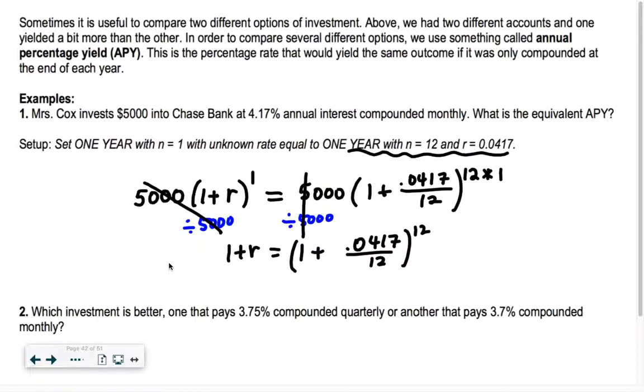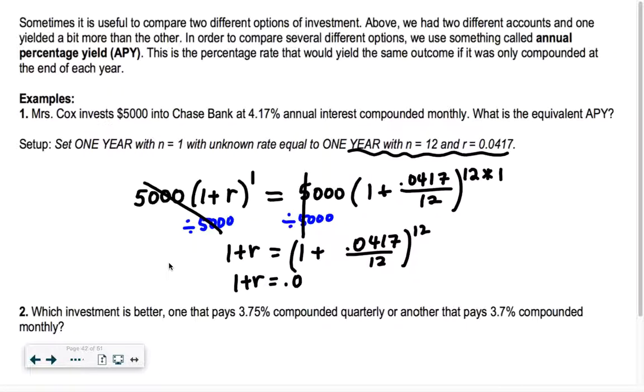So we're going to take all of this, and we're going to raise it to the 12. Oh, did I mess something up? Oh, I divided by 12.